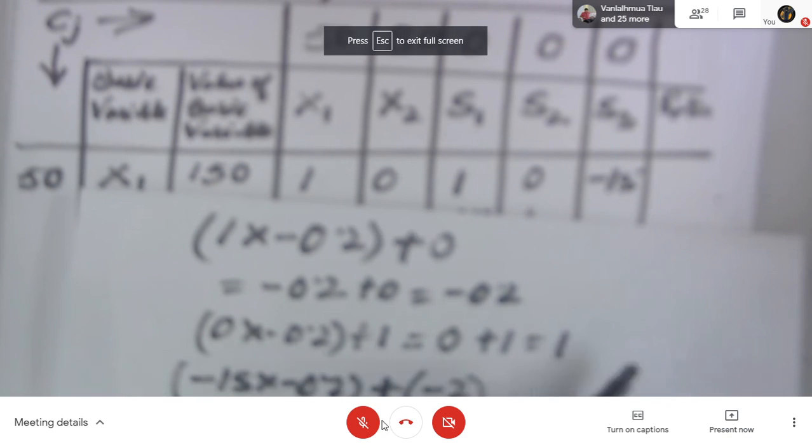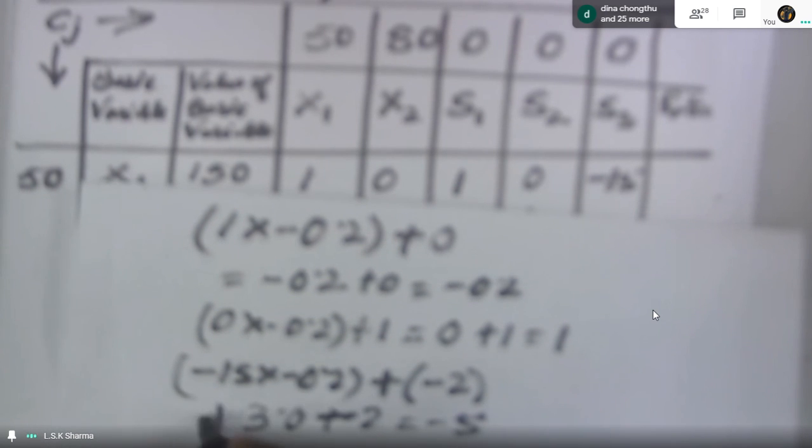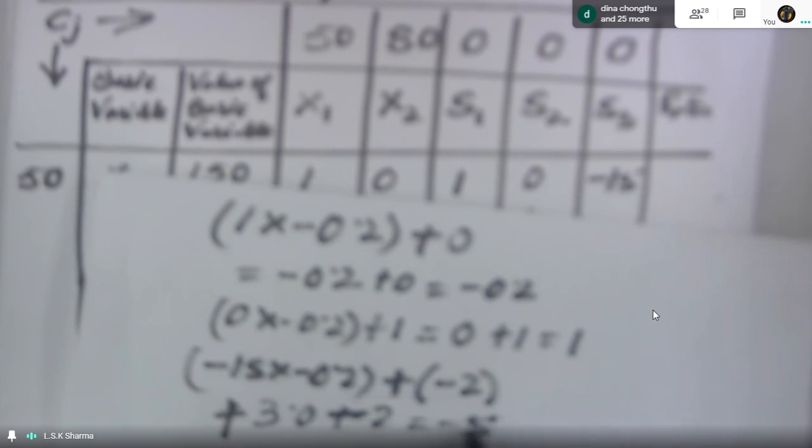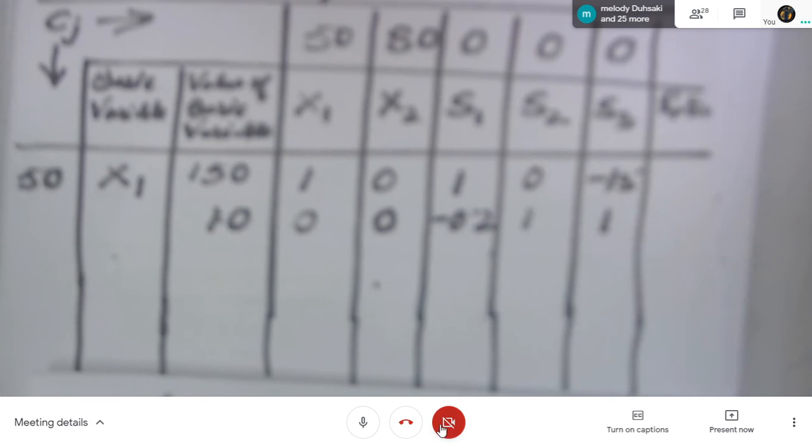No, it is minus 15 into minus 0.2 is 3. Minus and minus becomes plus, right? So it becomes 3. 3 and minus 2, it becomes 1. Okay. So what you have is 1 here.